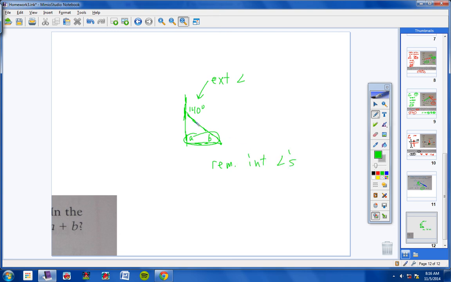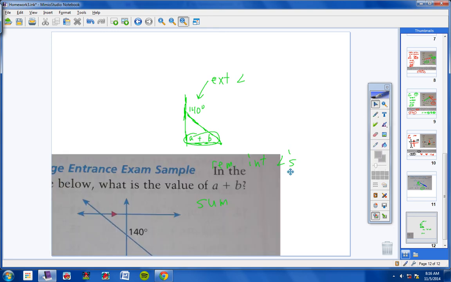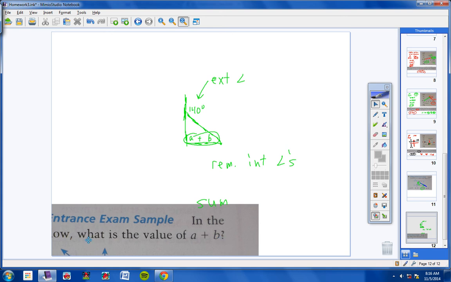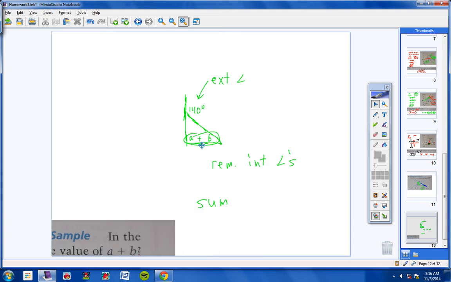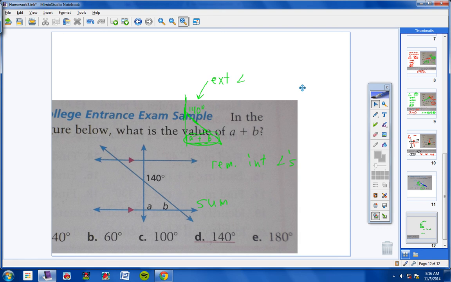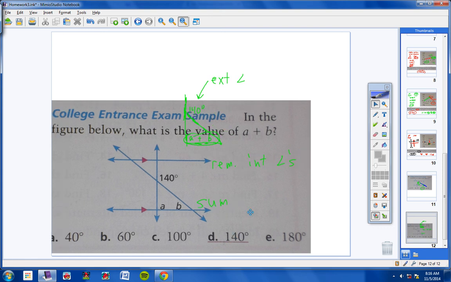And we've learned that the exterior angle is always equal to the sum of a plus b. So the question they're asking is, what is the value of a plus b? Well, a plus b has to equal 140 because the sum of your two remote interior angles has to equal your exterior angle. So the answer is 140.